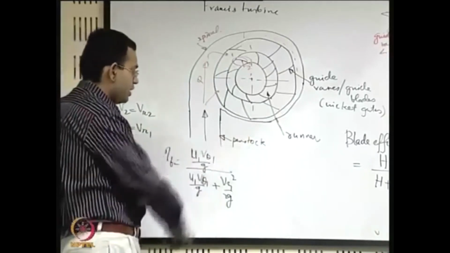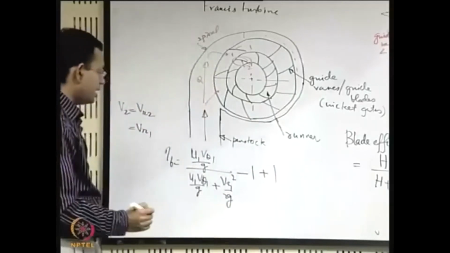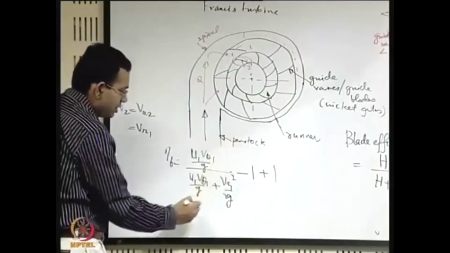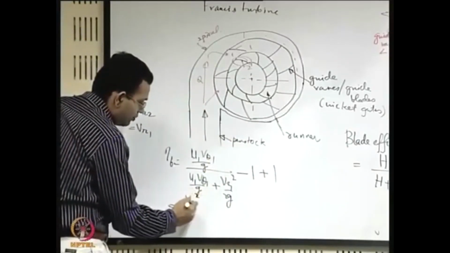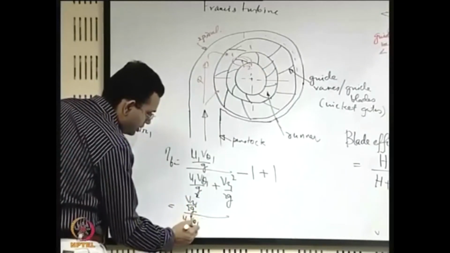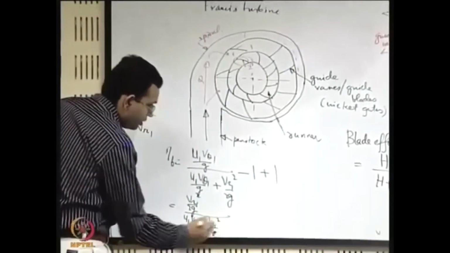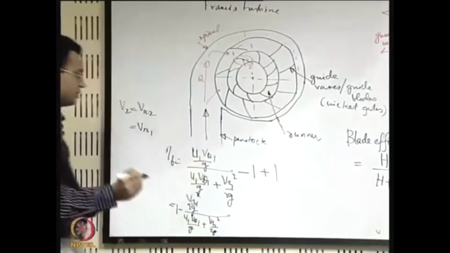In place of V2 we have substituted VR1. We may just manipulate it a little bit by adding and subtracting 1. The whole purpose is, in the numerator you will now have VR1 square by 2G, then U1 V theta 1 by G plus VR1 square by 2G, 1 minus that.